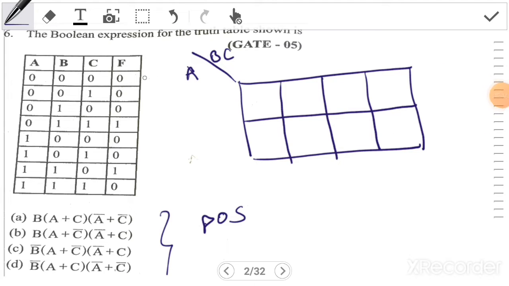Write max terms for this 0. Okay, so this is 0, 1, 2, 4, 5 and 7.